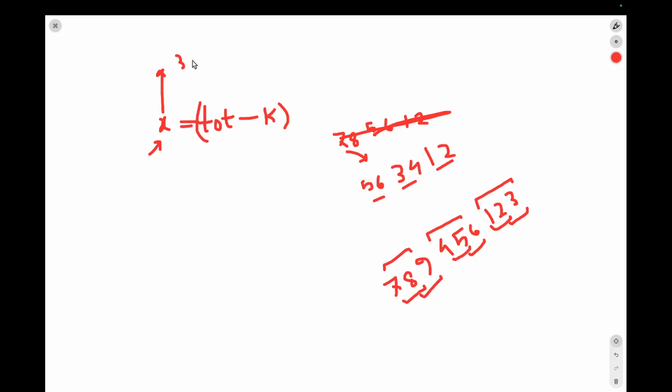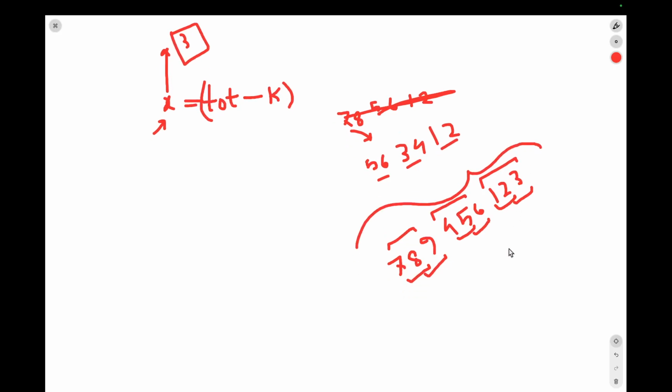So we cannot simply do this. Rather we need to think much deeper.